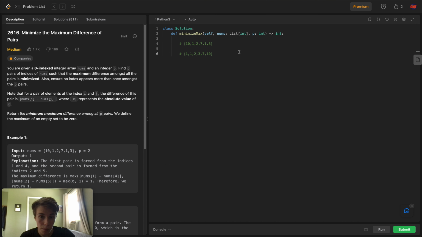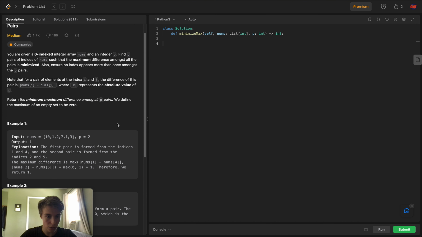It's sorted, and I can 100% say that for any one of these numbers, its minimum difference pair is going to be either to the left or to the right. So it's a pretty straight giveaway that the first step that we have to do is sort. Luckily, we don't have to write our own sort. We can just use Python's.